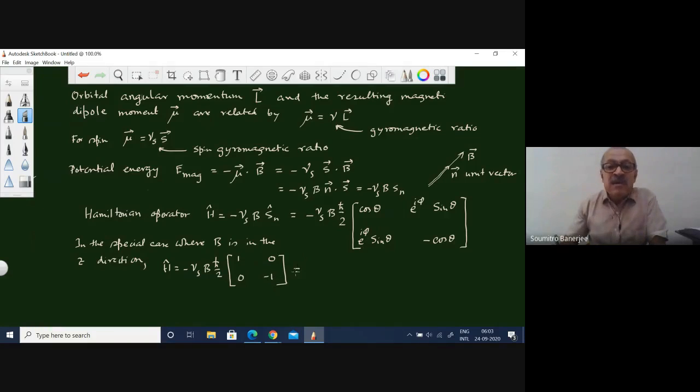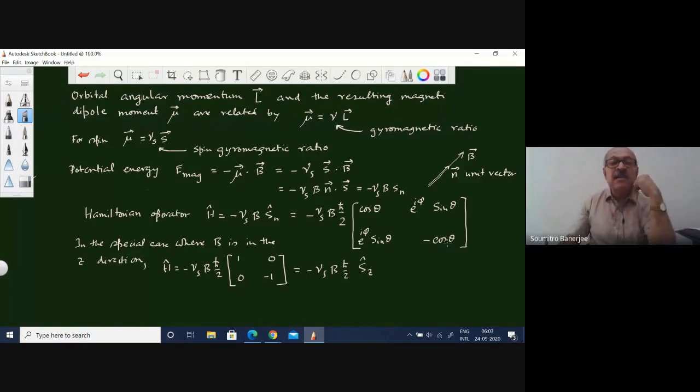This is effectively minus gamma S B h cross by 2, and this is something that we know. This is the Sz operator. So in the special case, it becomes very simple, but in general, we'll have to consider this.